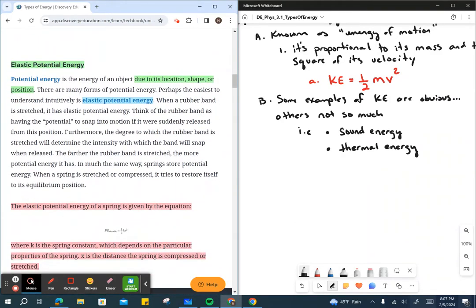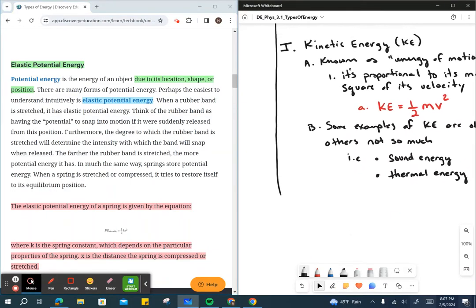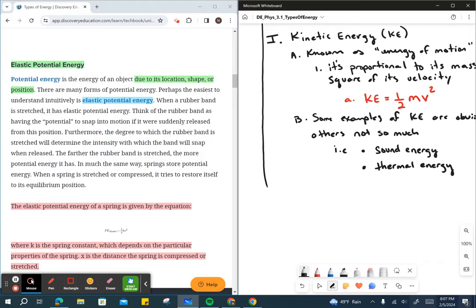Now we move into another type of energy, potential energy. You may have learned this as the energy of position, Roman numeral 2. Elastic potential energy. What can we say here?